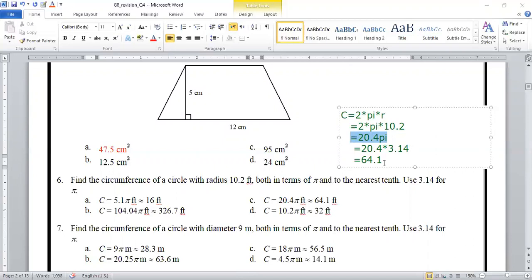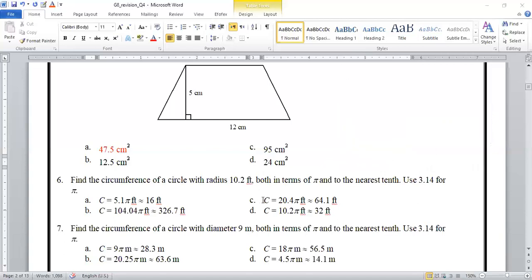By substituting pi with 3.14, the answer is 64.1 feet. The answer is number C.